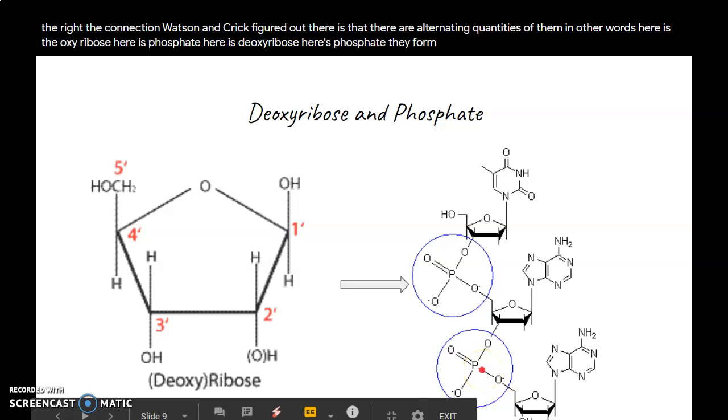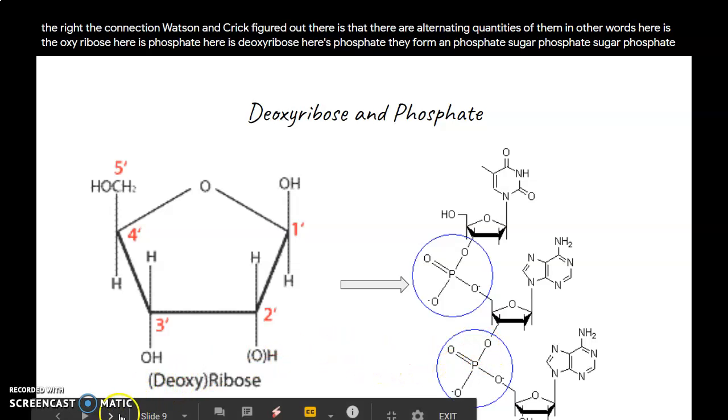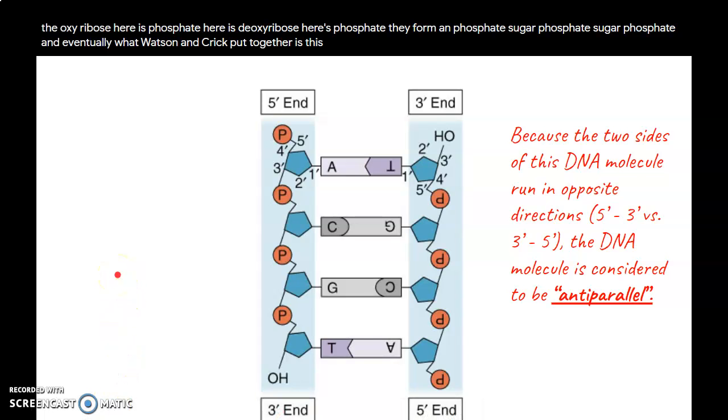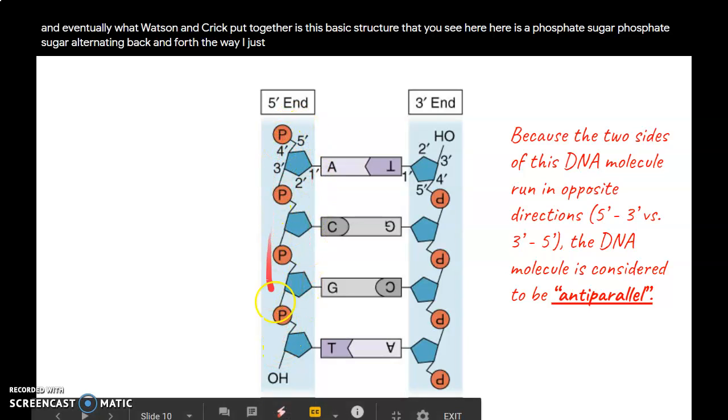They form an alternating pattern of sugar, phosphate, sugar, phosphate, sugar, phosphate. And eventually, what Watson and Crick put together is this basic structure that you see here. Here is a phosphate, sugar, phosphate, sugar, alternating back and forth the way I just explained.